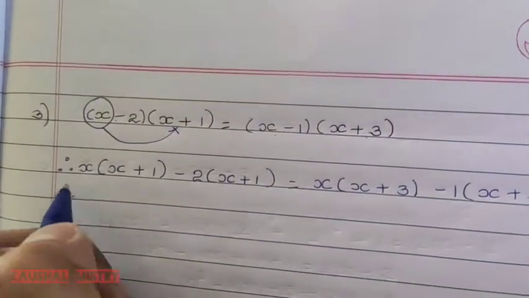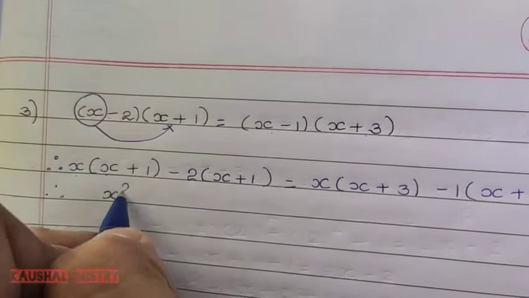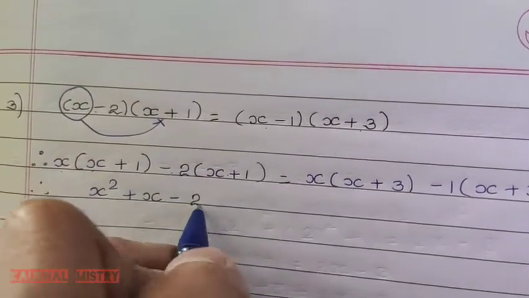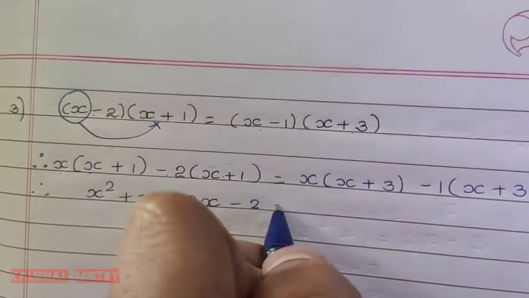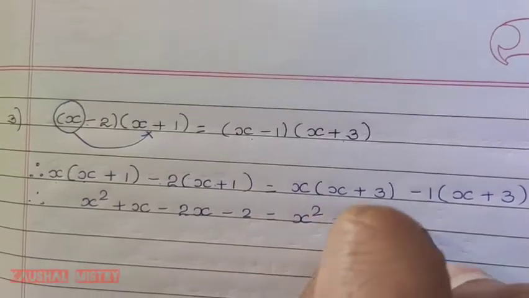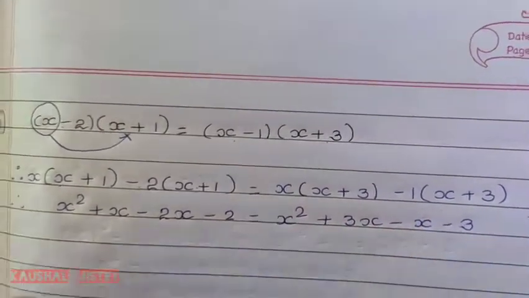So therefore x multiplied by x is x square, plus x minus 2 multiplied by x is minus 2x, minus 2, equals x square plus 3x minus x minus 3.